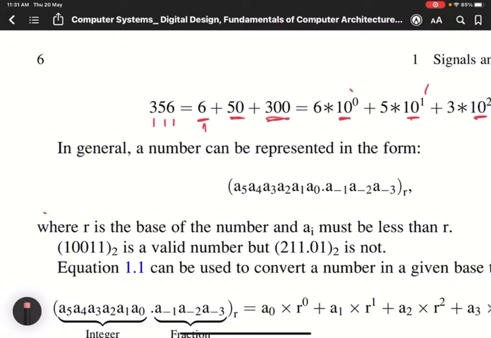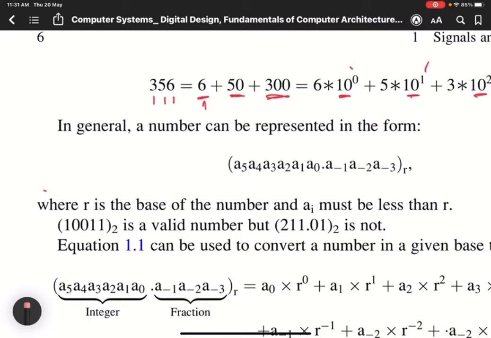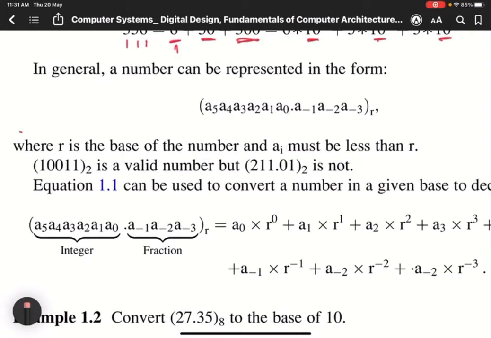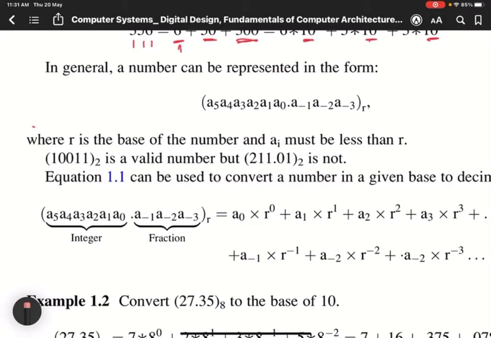For example, if it is 2 in binary, is it less than the base? No, so this is incorrect. If 10 is your base, the highest A sub I should be 9.